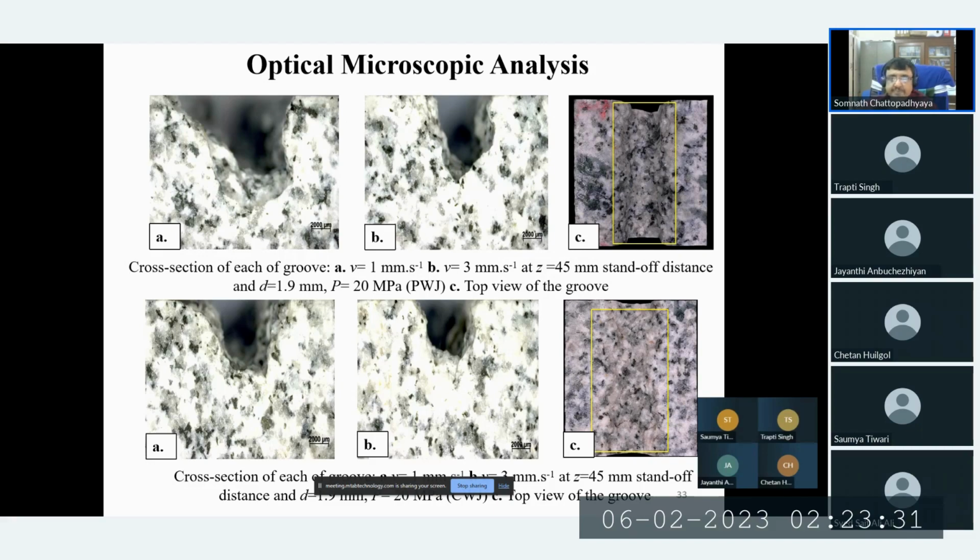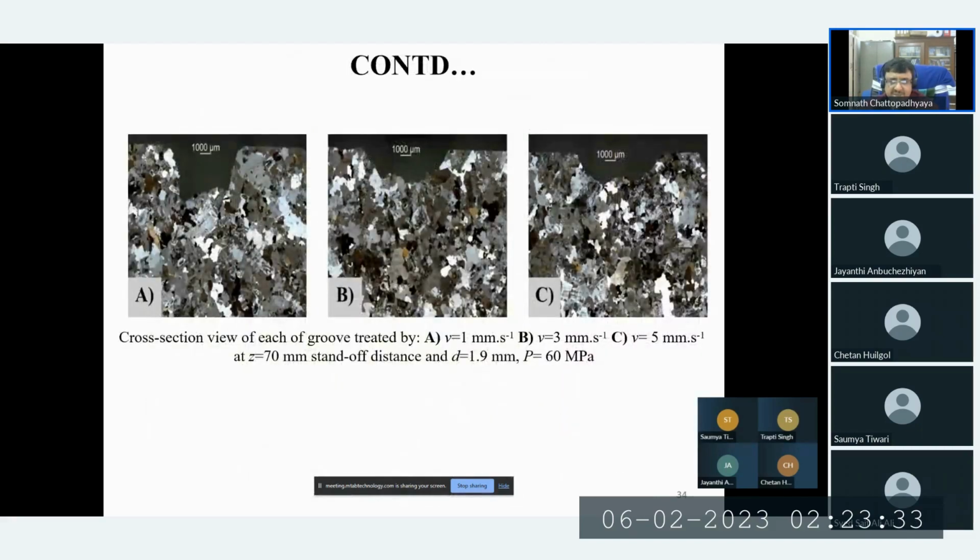You can see this cross-section view of each group treated with different traverse speeds, at different stand-off distances, because stand-off distance has a big role to play in determining the material removal rate or erosion rate of materials.